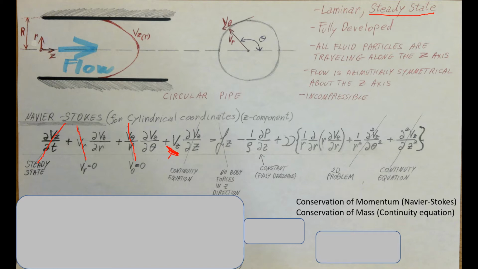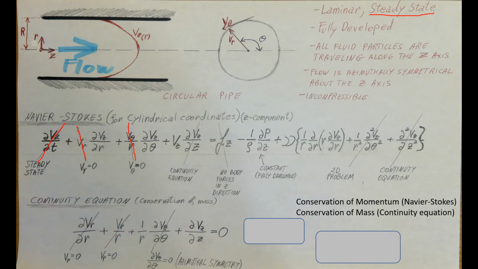Now, let's take a look at the term that is right next to Vz, the change of Vz with respect to z. We can cross this out based on the information that we can find from the continuity equation. Here it is. We can write it in cylindrical coordinates again, just like the Navier-Stokes one, right?